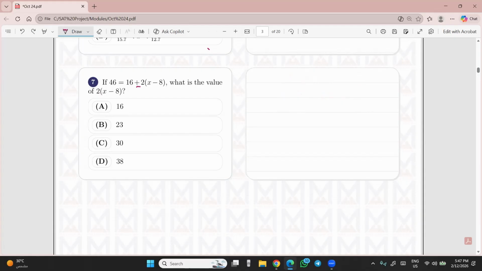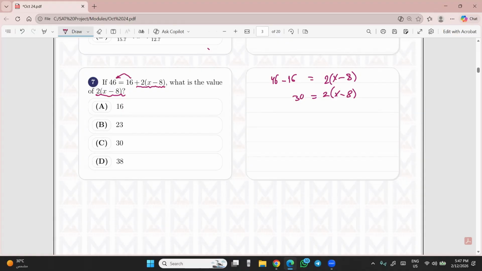I mean, this 2 times x minus 8 is the thing that is already required here. We just move the 16 to the other side, and we have 2 times x minus 8 is equal to 46 minus 16. And if we simplify this one, we get 2 times x minus 8 is equal to 30.